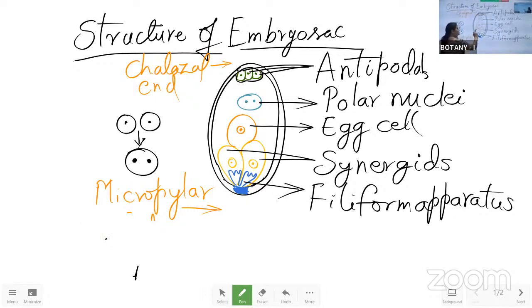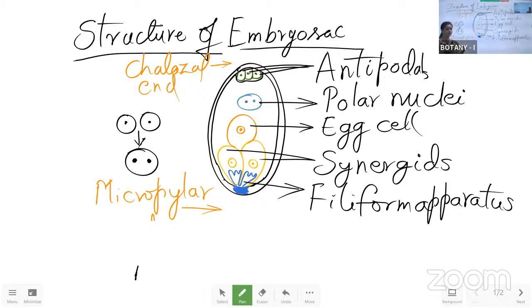Synergids are the two cells present in the front part of the egg cell, protecting it and avoiding unwanted fertilization. The filiform apparatus present in the synergids makes the free entry of the pollen tube into the embryo sac possible.